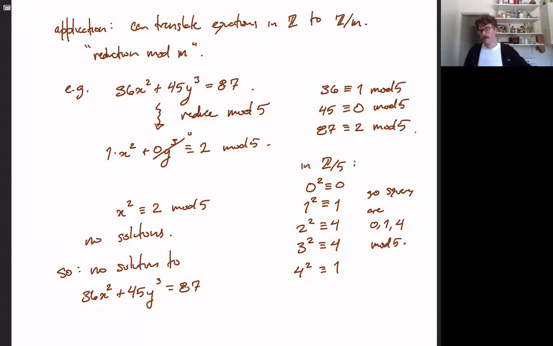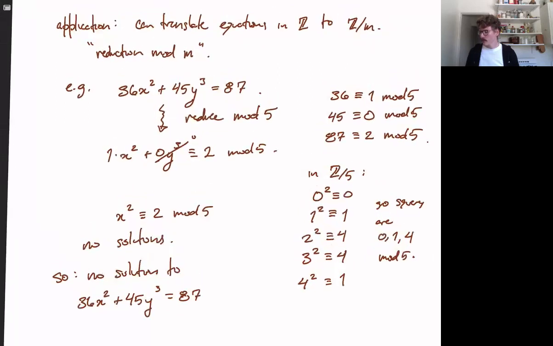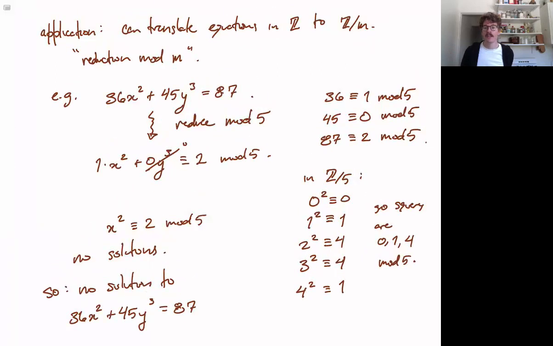So partly this is just another example with a different m, but in life, let's say you're given an equation and you want to investigate whether it has solutions or not. No one's giving you a particular thing to reduce. You might want to just experiment with different ones yourself and see if any of them tell you anything. And maybe there are some ways that you could try to pick them.